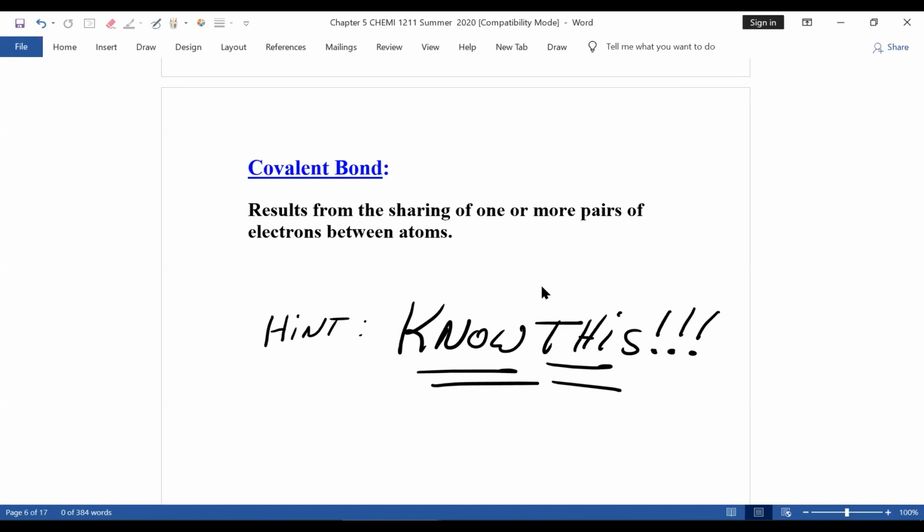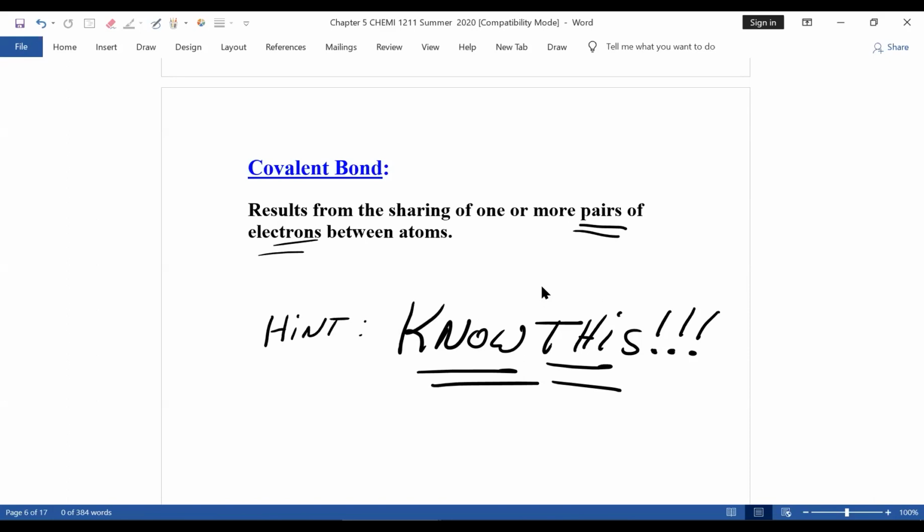Now, the difference between ionic and covalent: with ionic, you transfer one or more electrons. With covalent, you share one or more. And the important thing here is pairs of electrons. You should know that.